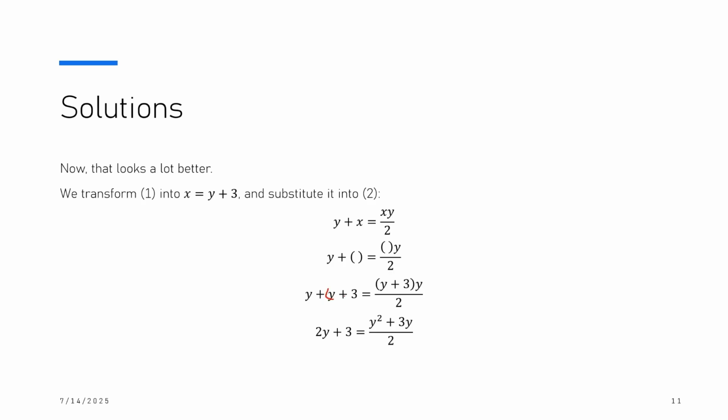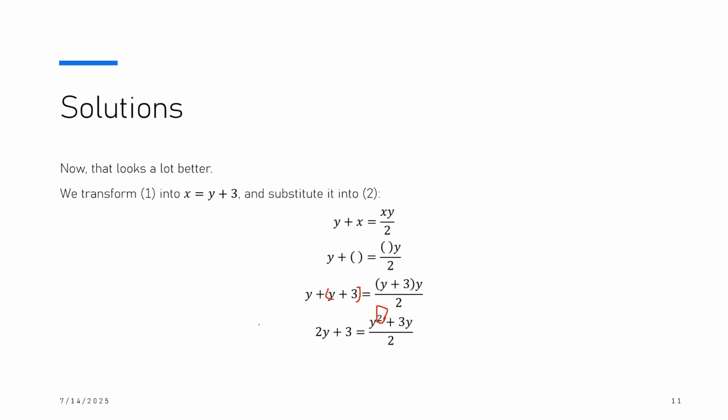Sorry, just for clarity, let's add those parentheses back here, even though it doesn't really matter in this case, but you have to be very careful with your order of operations. And over here, you can see that you have a squared term when you multiply things out using the distributive property. So as long as you have gotten something like this, you are good to go for today's mission.